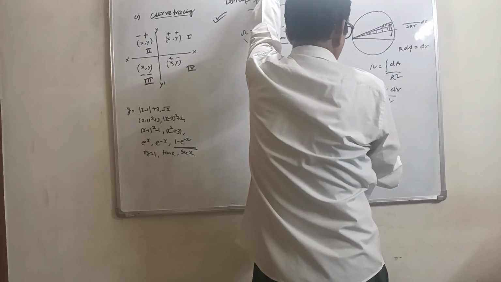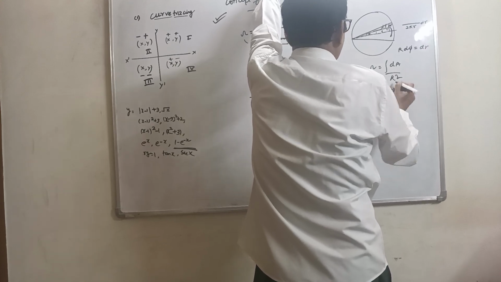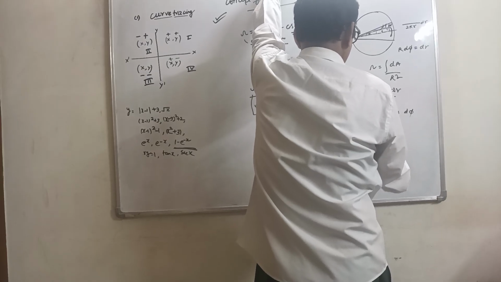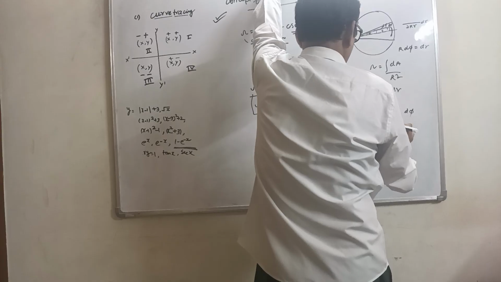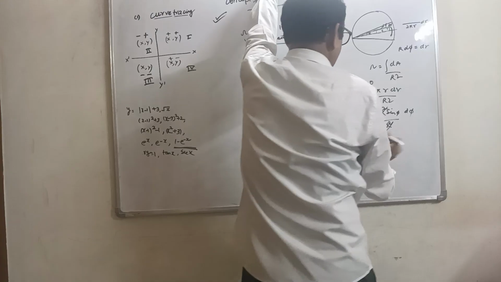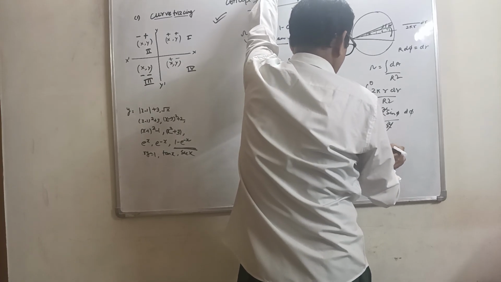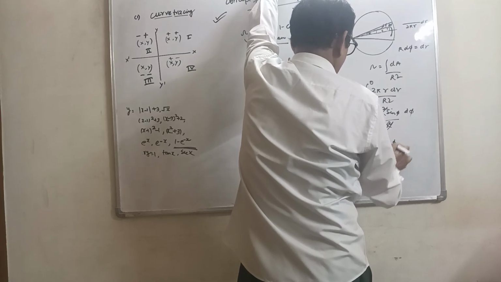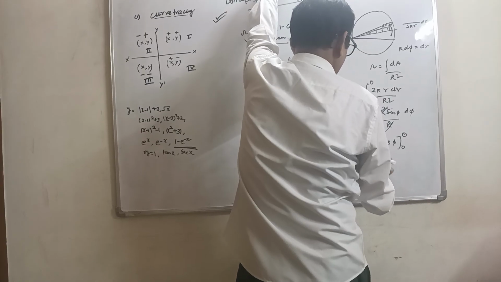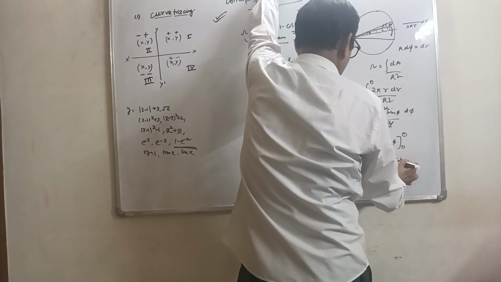So putting the value here, r would be R sine phi and dr would be R d phi, with limits 0 to theta. R square cancels out, leaving 2 pi, and the integration of sine phi is minus cos phi with limits theta to 0. So this becomes 2 pi, cos 0 is 1, so 1 minus cos theta.